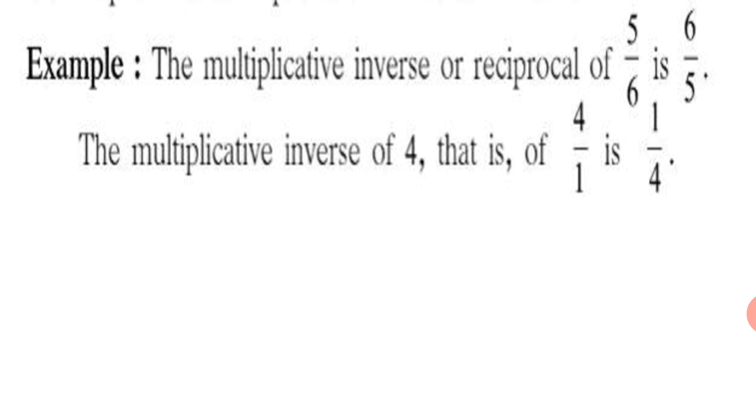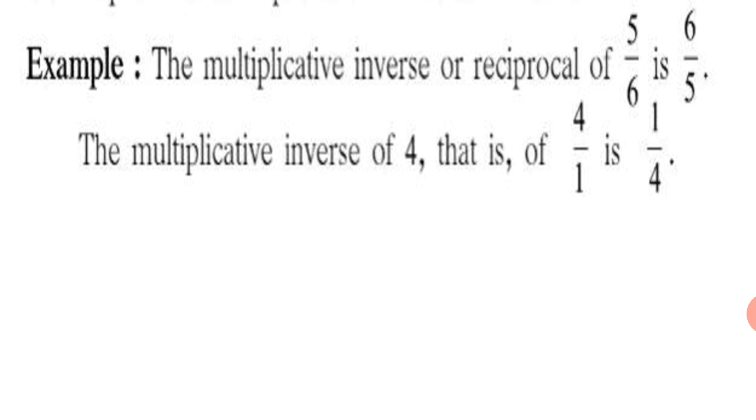The multiplicative inverse of 4, that is 4 upon 1, is written as 1 upon 4. When you have a single number, let it be 4, 5, it is considered as upon 1 and its inverse will be 1 upon that number. So multiplicative inverse of 7 will be 1 upon 7.